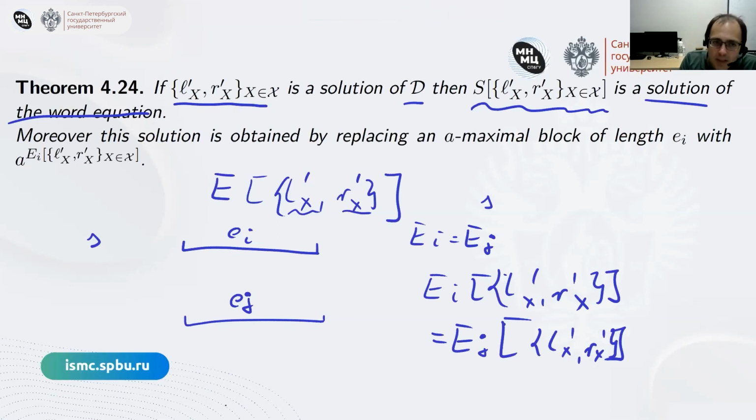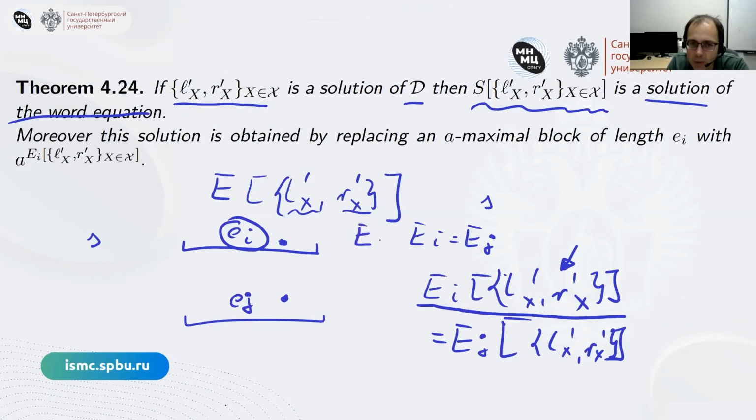What we do is replace this value Ei by the corresponding arithmetic expression on those values. So in the equation, those two different maximal blocks were of the same length Ei and Ej. In the parameterized solution, those are arithmetic expressions, and if we substitute those different numbers, then since this is a solution, we ensure that those two values are still equal.